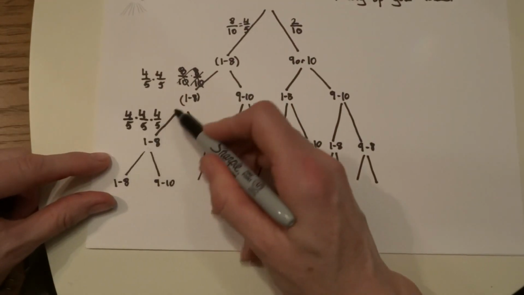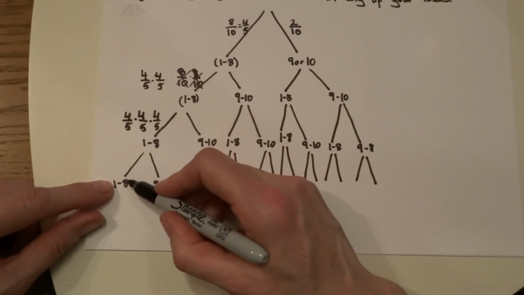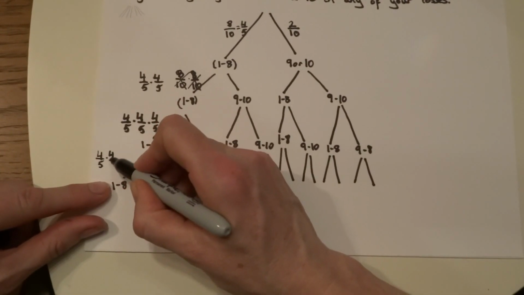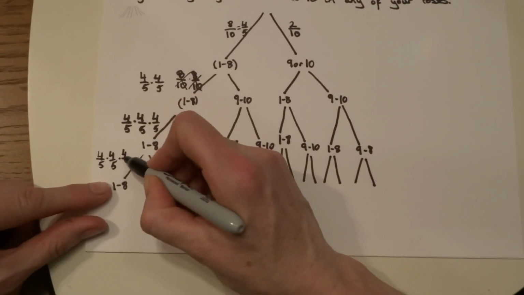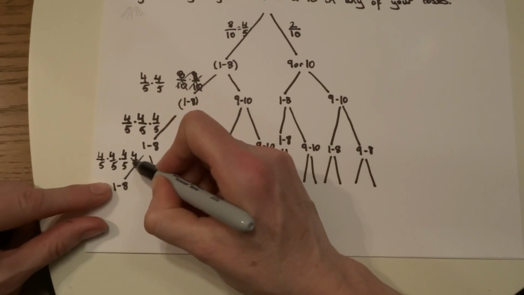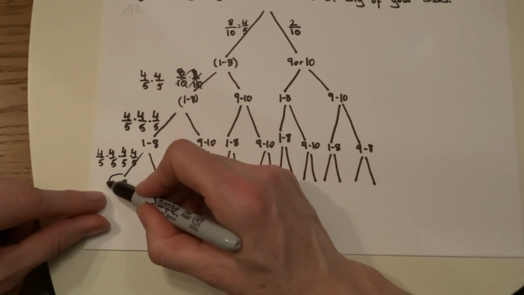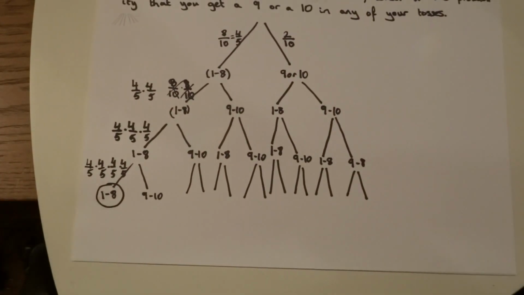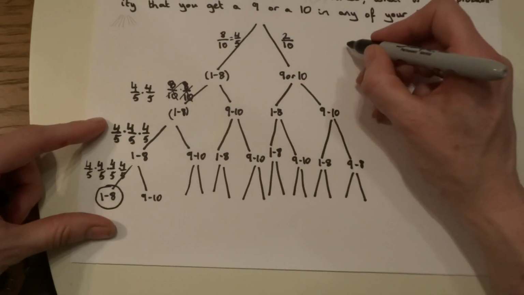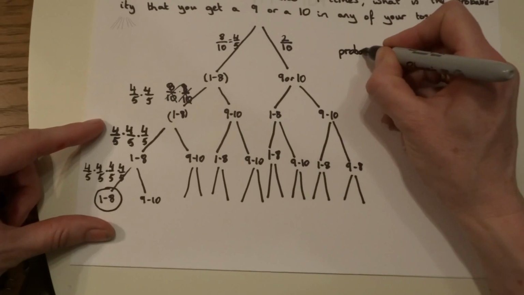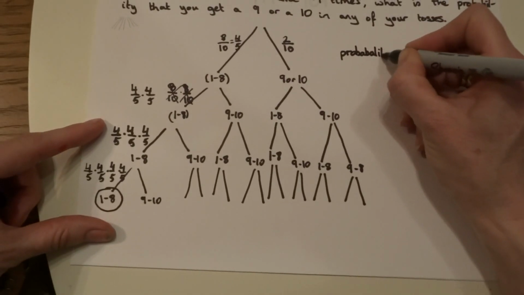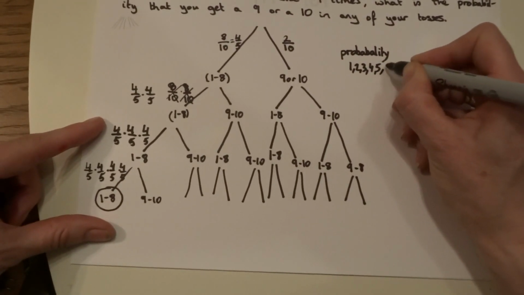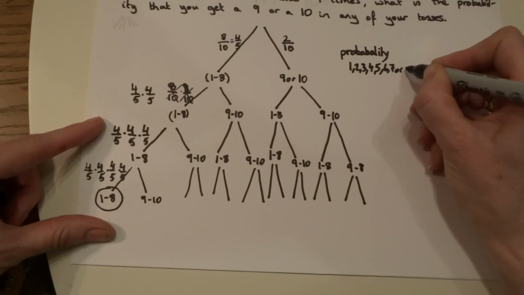By the time I come down to my very, very last position here, this last 1 to 8, I will have followed the same routine 4 times. So I will multiply all of those probabilities together. So the probability of me coming down this route and always only getting a 1 to an 8 and never a 9, so the probability of me always getting a 1, a 2, a 3, a 4, a 5, a 6, 7, or an 8.